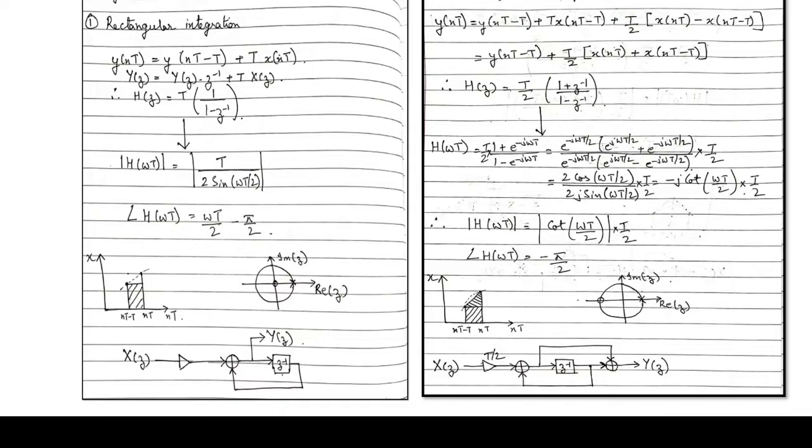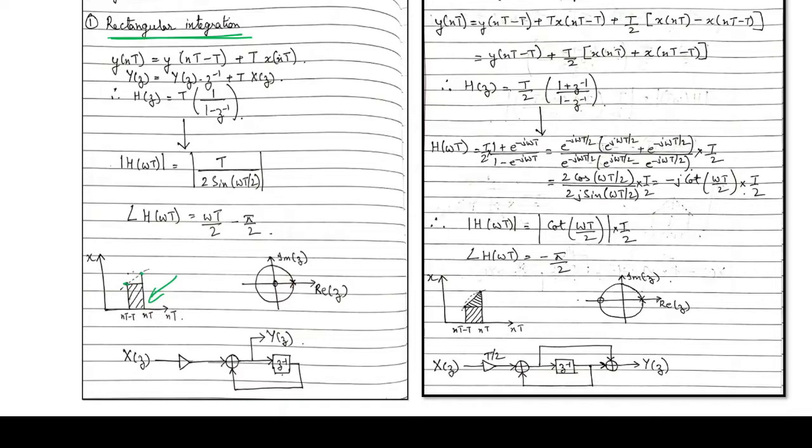Now coming to the integrators. The first one is the rectangular integrator. I hope all of you know what integrators do. Integrators help you to calculate the area under the curve, basically. The rectangular integrator calculates a rectangular area. If you see, we have this rectangle between this point and this point, and it is just taking a particular rectangular area.